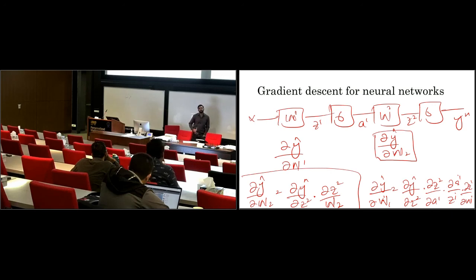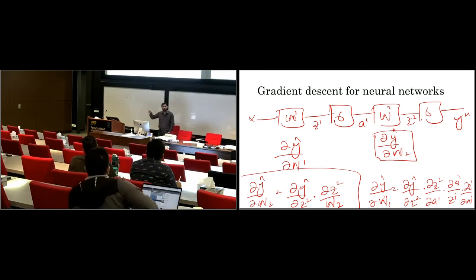In which sense? Like a feedback loop, in what sense? Now of course there is a feedback loop in the sense that once you update your weights, all Z1, Z2, A1, A2, all of them would change. So that's the feedback in some sense.